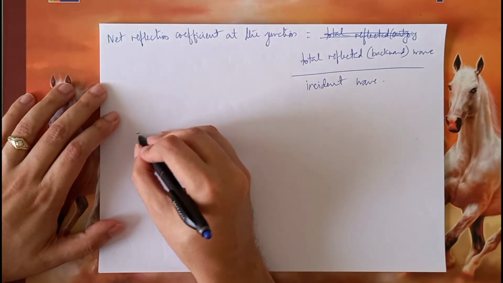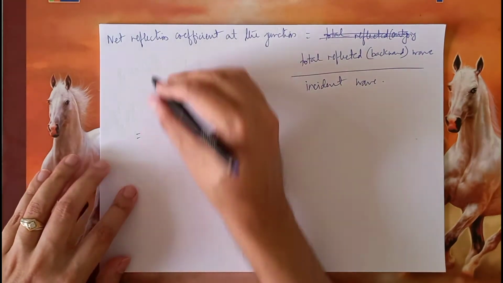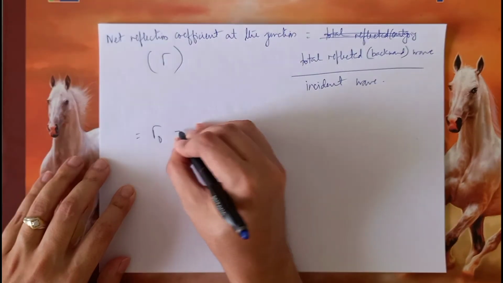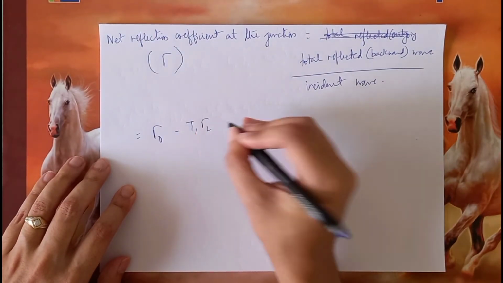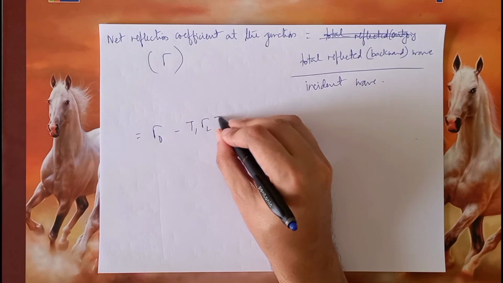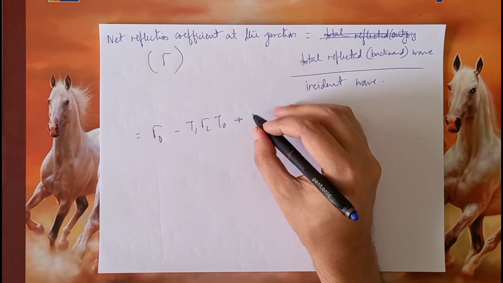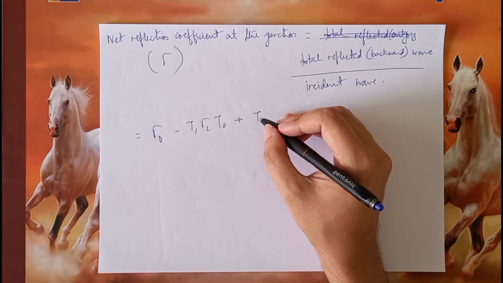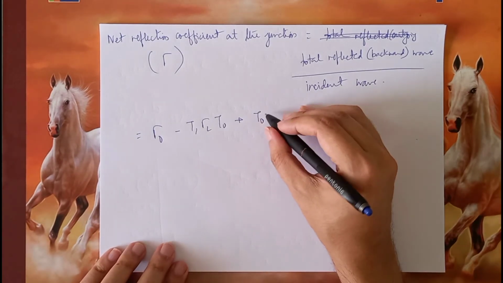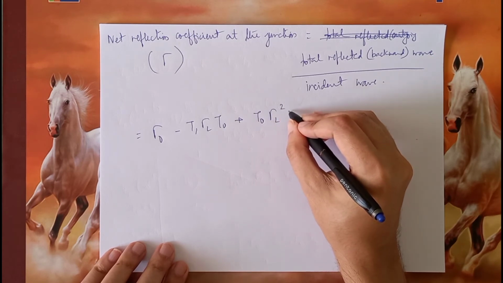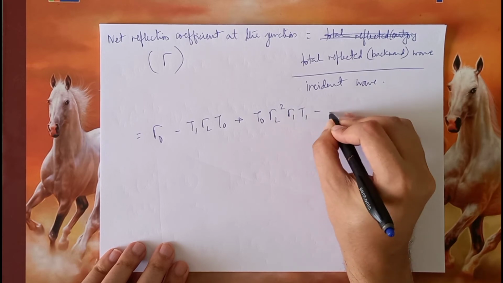So how much would that be? That is nothing but the quantity in this bracket. Let's say this is gamma. This becomes gamma 0 minus T1 gamma L T0 plus T0 gamma L square gamma 1 T1 and so on.